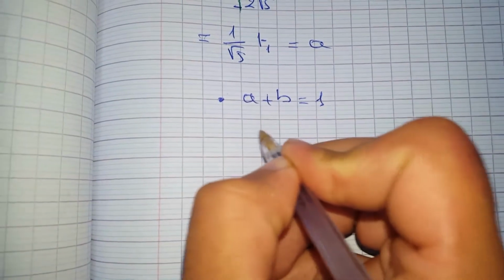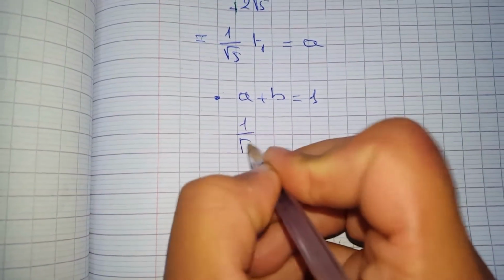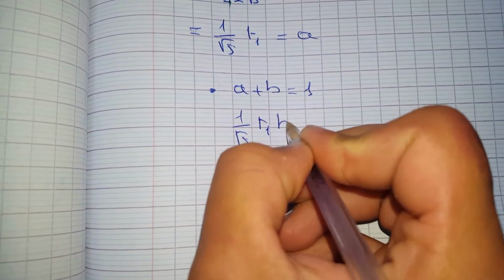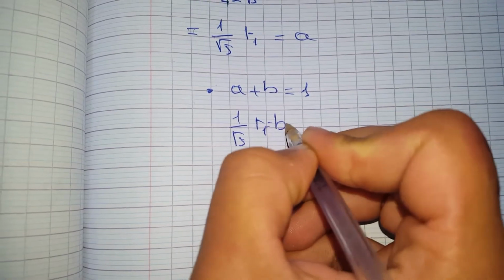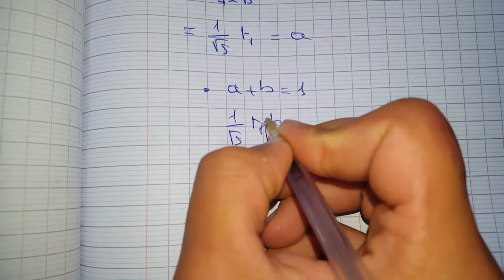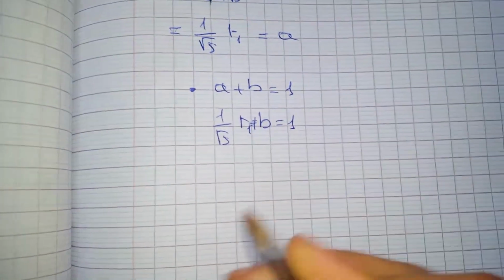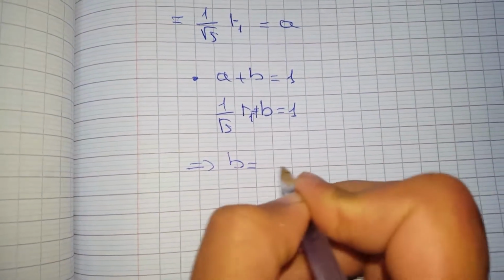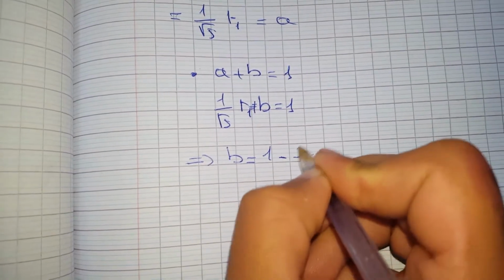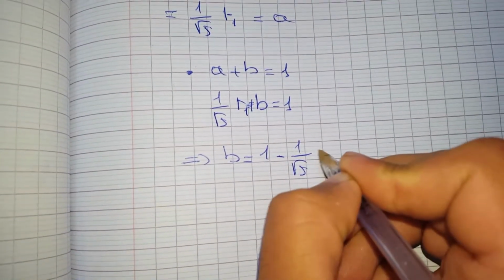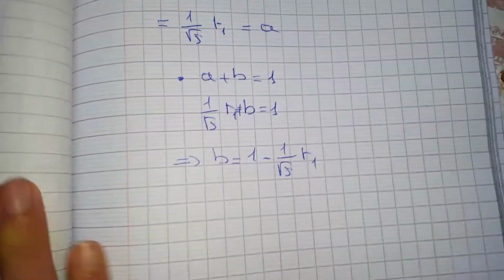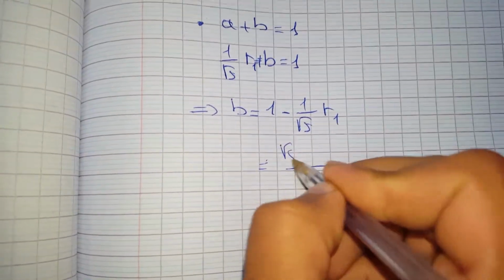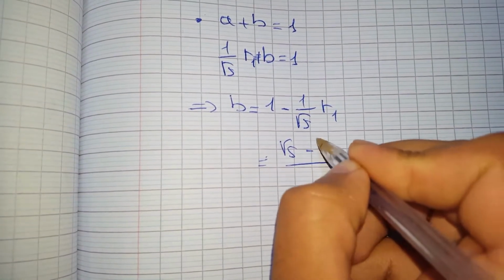It will give me 1 over square root of 5 multiplied by r1 plus b is equal to 1. So b is 1 minus 1 over square root of 5 multiplied by r1.